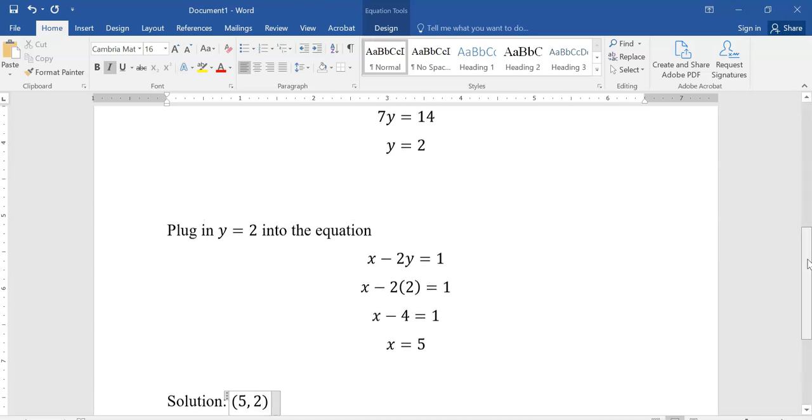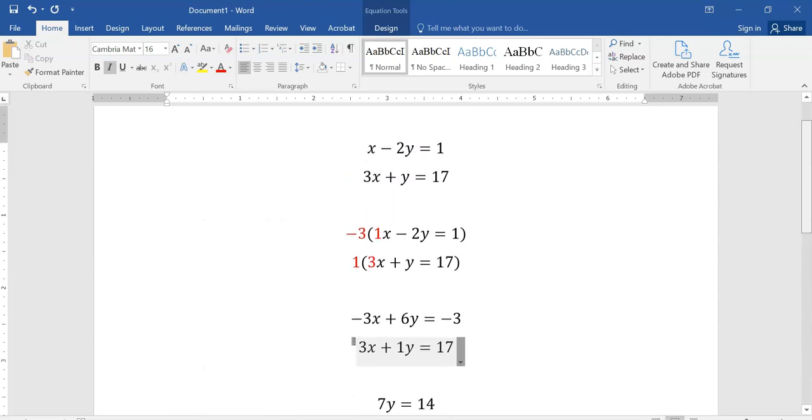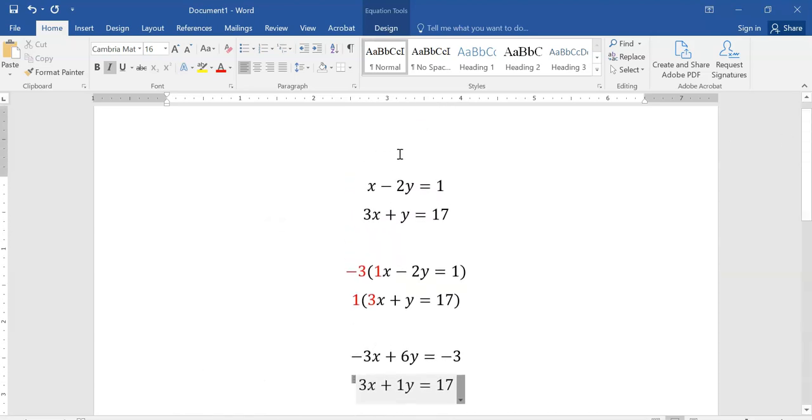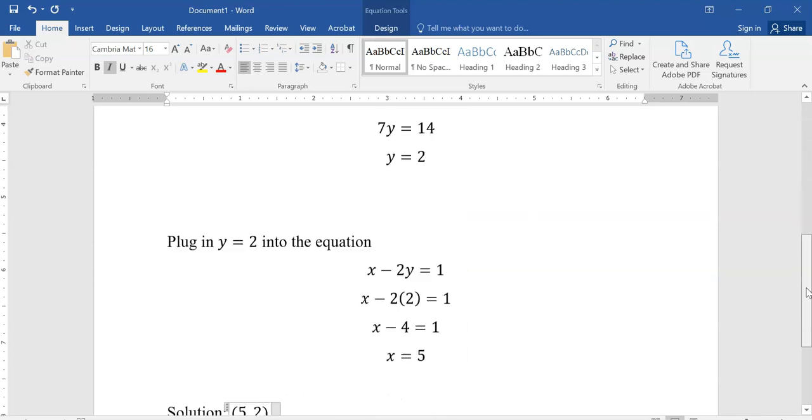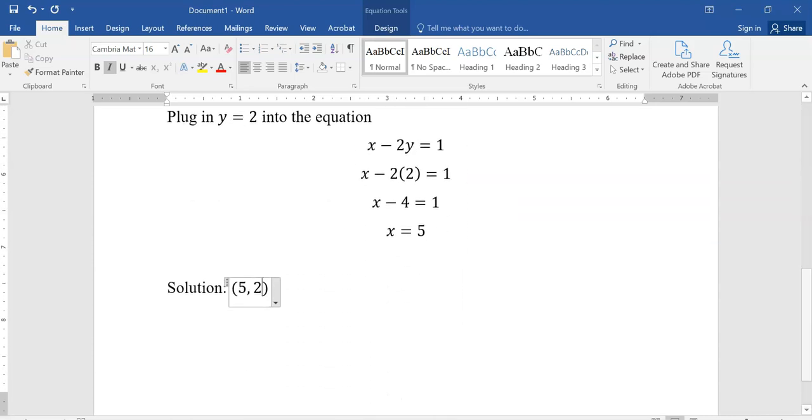And once again, if you wanted to check that 5, 2 was a solution to this system of linear equations, you could plug it into this first equation, see that you get a true statement, and then plug it into the second equation and see that you get the true statement as well. All right. So the point 5, 2 is the single point that's shared by both lines. Solution to both lines, therefore solution to the system of linear equations.